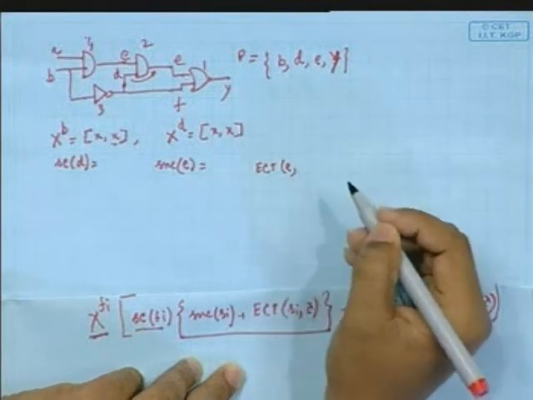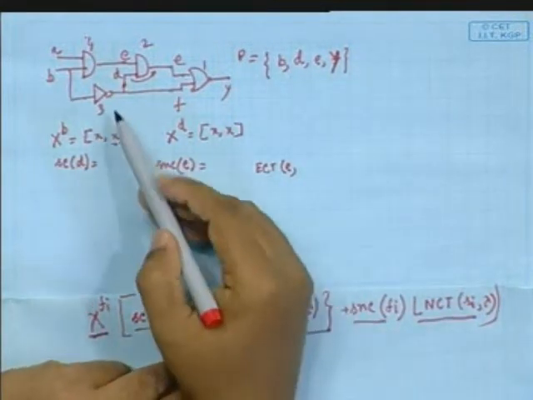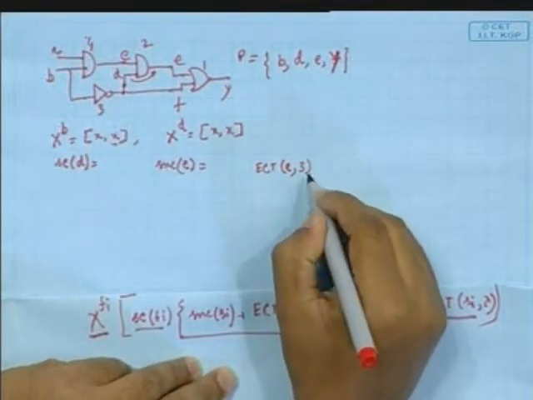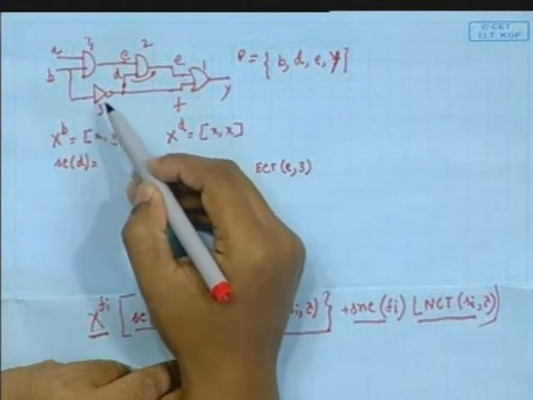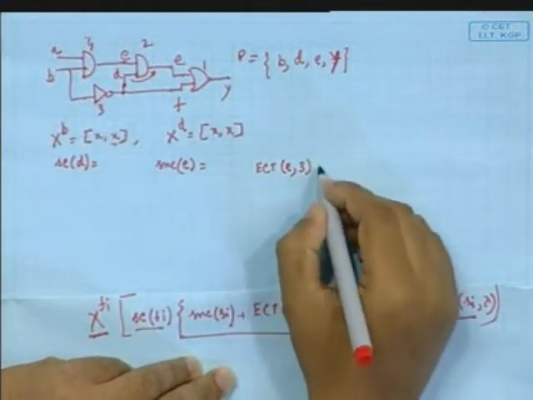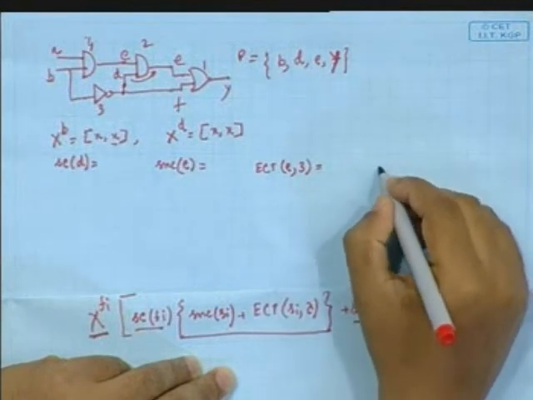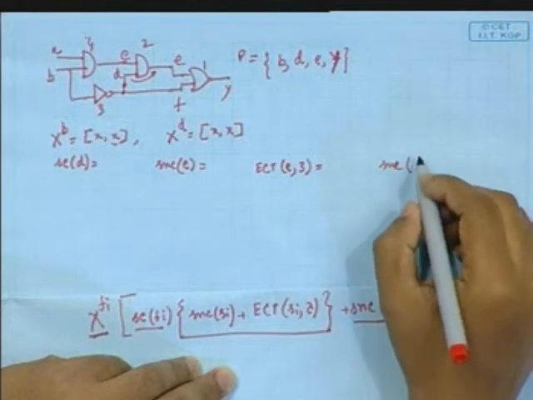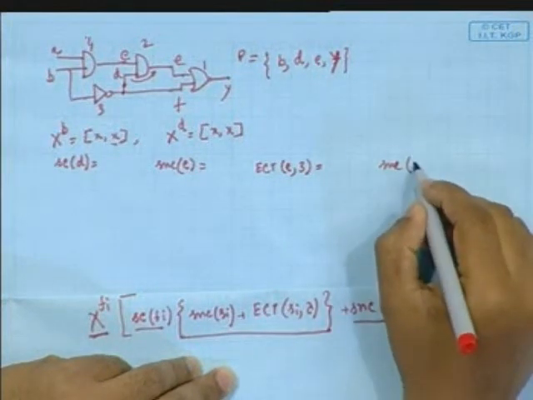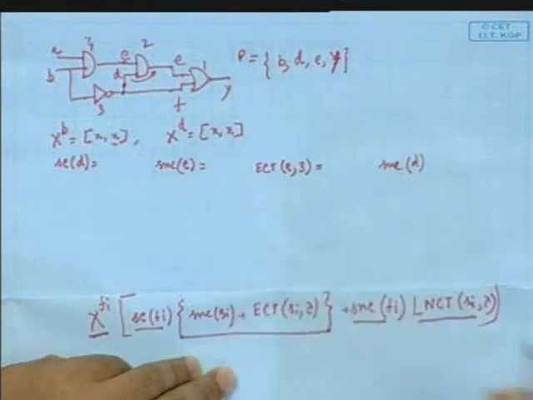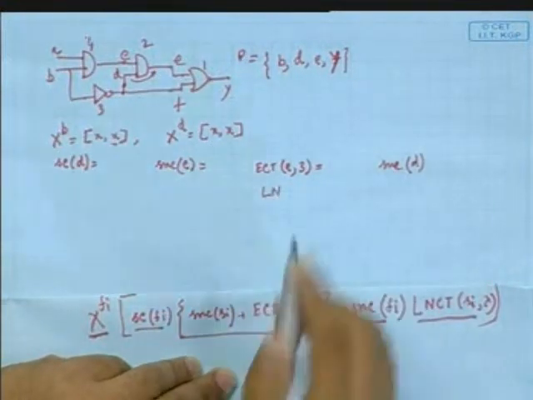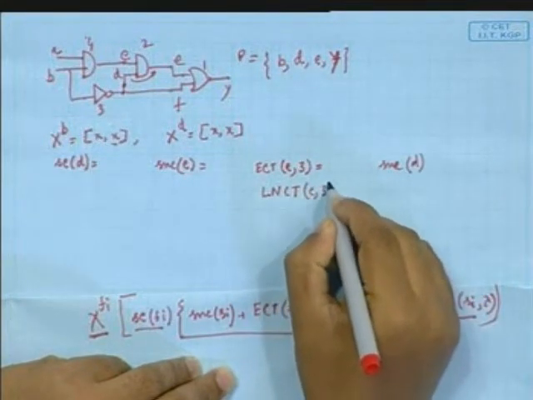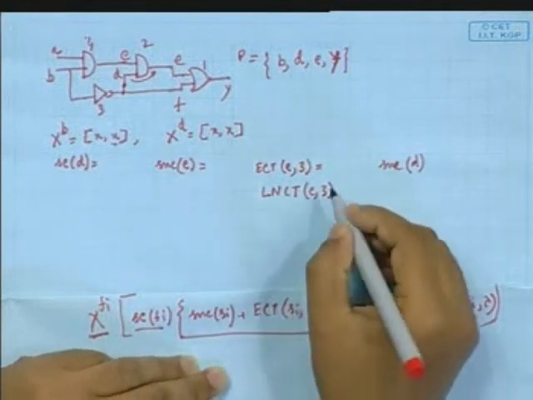So what will be the tau here? Tau is 3 here, so we compare with 3, because the delay along this path is 3. There is a NOT gate with 3 time units. Then we have to compute the non-controlling value for the other input, and finally that we have to compute.